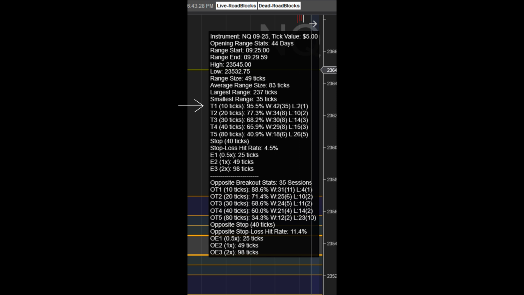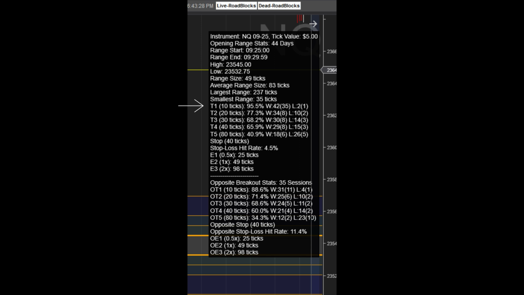So what does that tell us here? Well, we had 35 total days in a row that we won 10 ticks on NQ with a tick value of $5. Each one of those mornings, that was a $50 bill. And 35 of those in a row was $1,750.